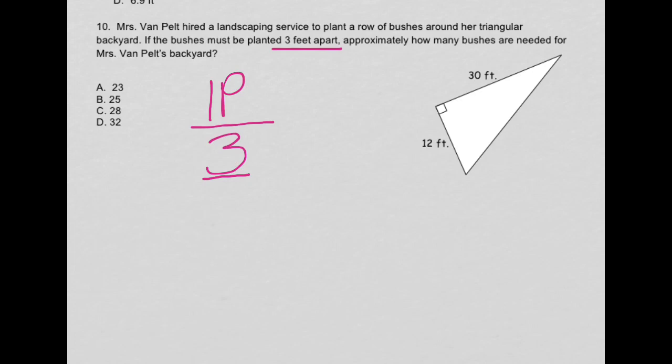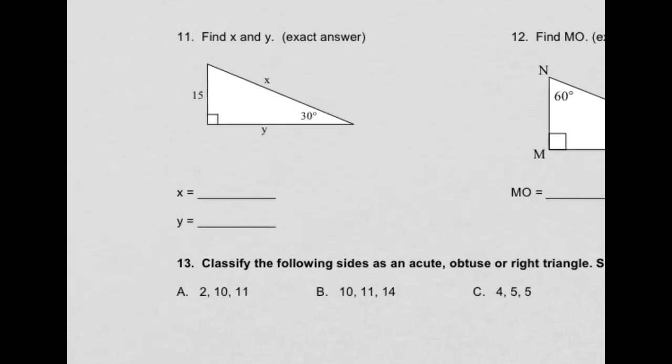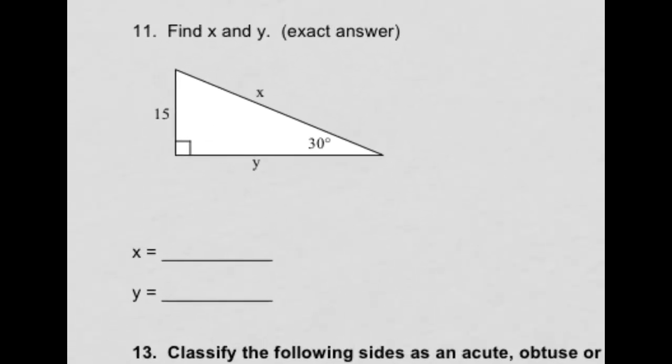Okay, let's go on to the next one. This is asking you to find the exact answer for this. And notice that this is a 30, 90, and so what does that make this other angle? 60.